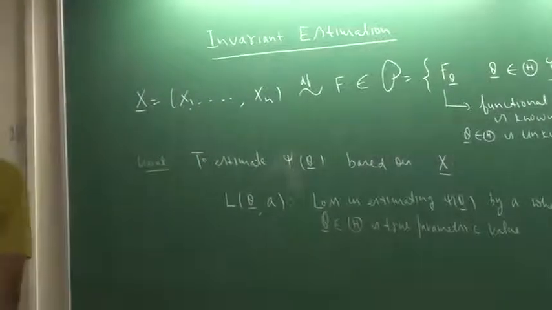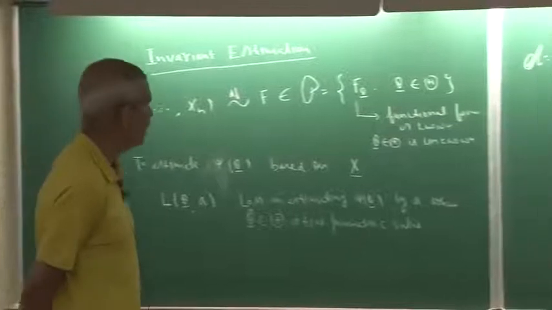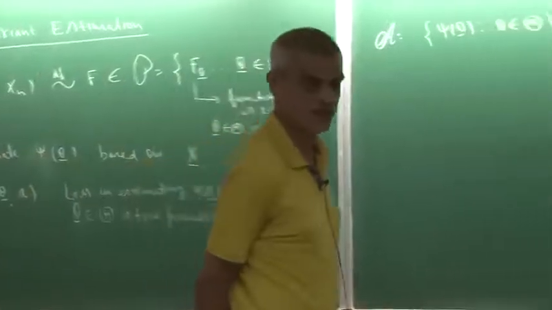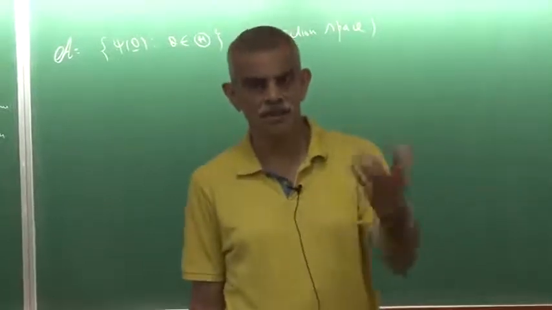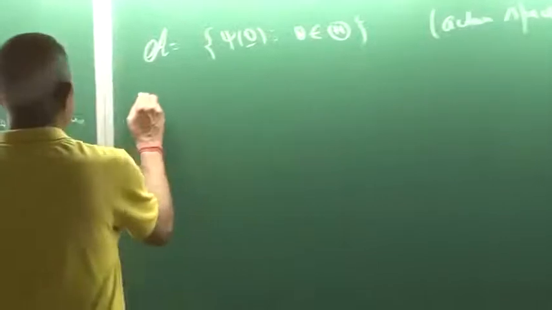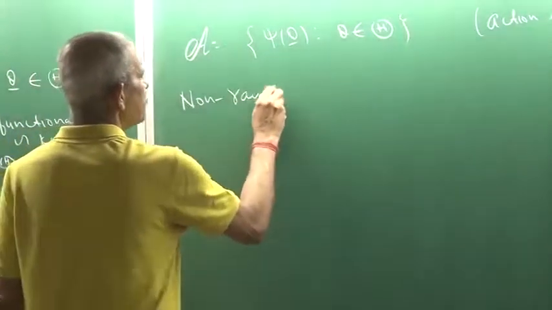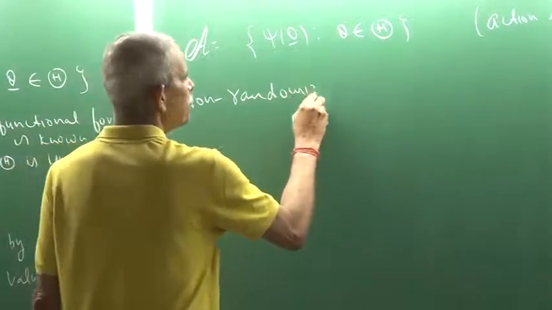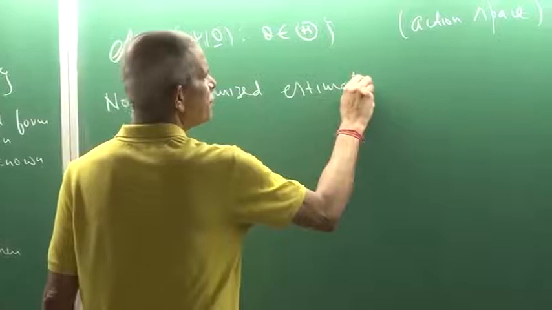Then I gave a definition of a decision rule. Because based on x, you have to take a certain decision, or choose a certain action. I gave a definition of a decision rule, which we called a non-randomized decision rule or non-randomized estimator.